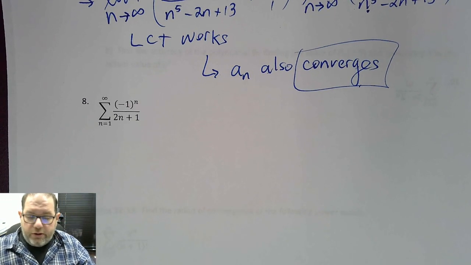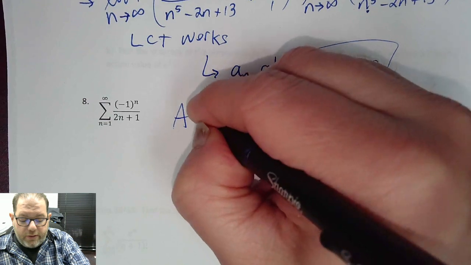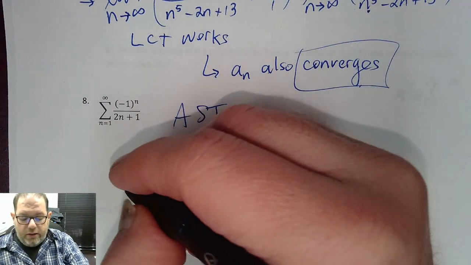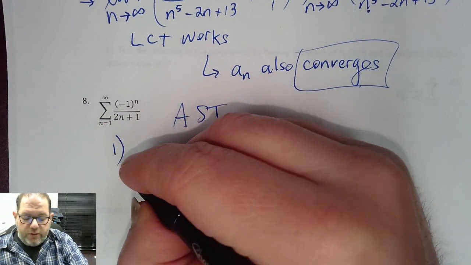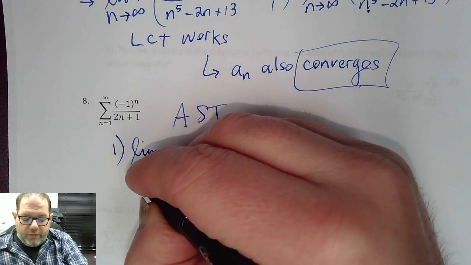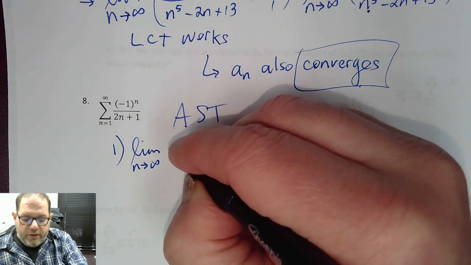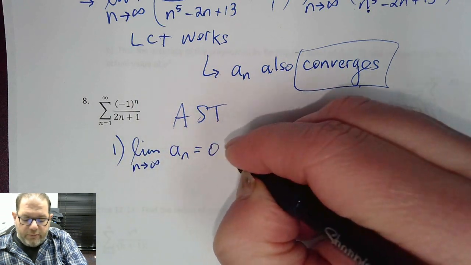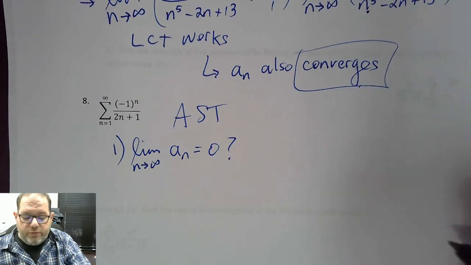So, in our alternating series test, AST, there's two things we have to check. One, we want the limit as n goes to infinity of a sub n is equal to 0, and we want to check if that's true.